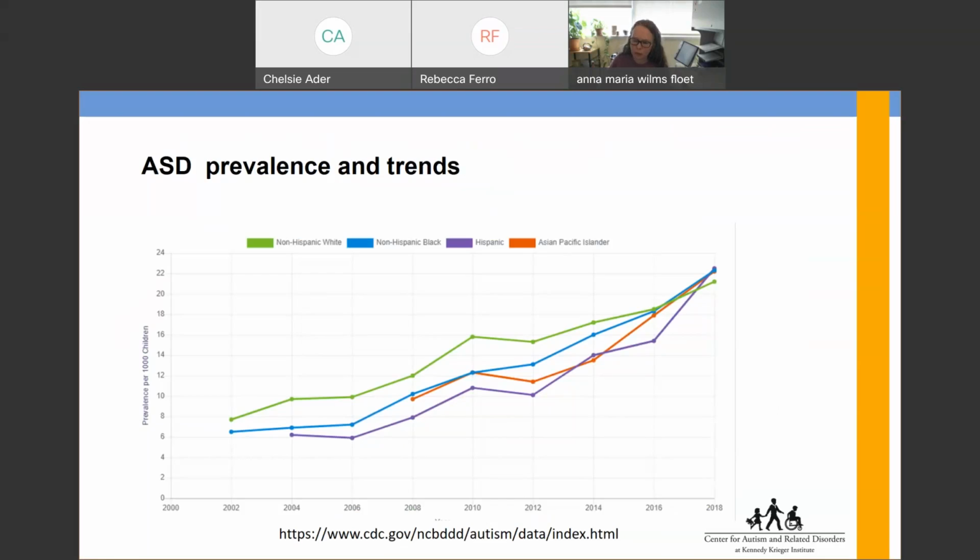We also have been able to move the needle some on narrowing a gap between different race and ethnicities. So as you can tell from this slide, we used to have significant discrepancies in early identification of autism among various racial ethnic groups, but we have done a better job with that over time.